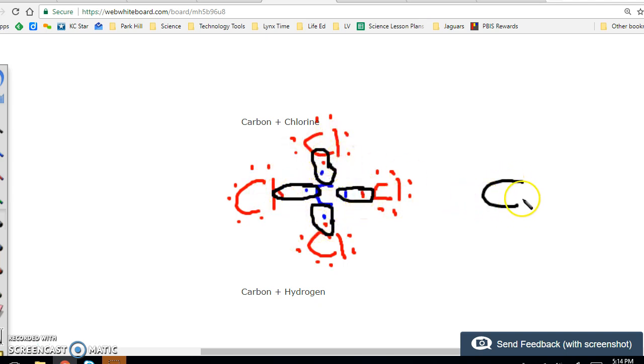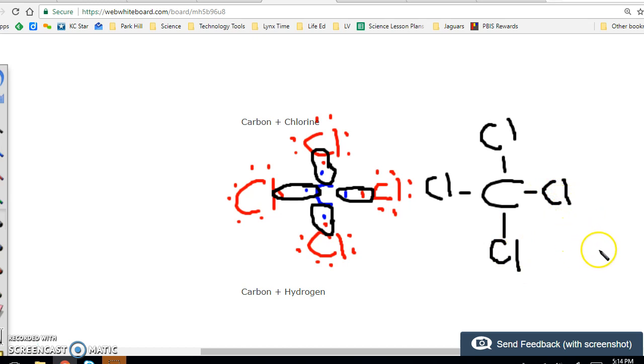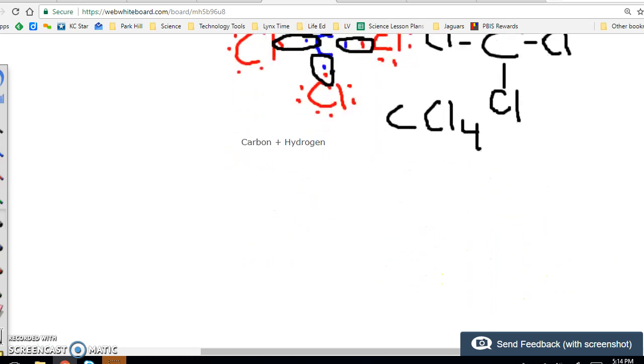It has what it wants. Or it can be drawn like this. And remember, you don't have to be able to write those formulas, but that's what that one would be.